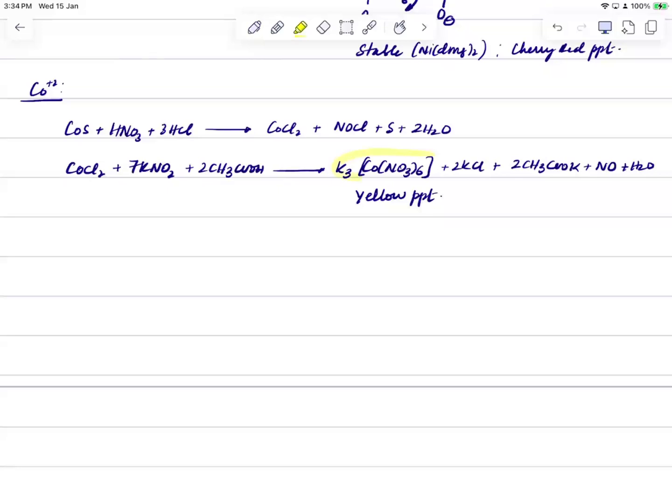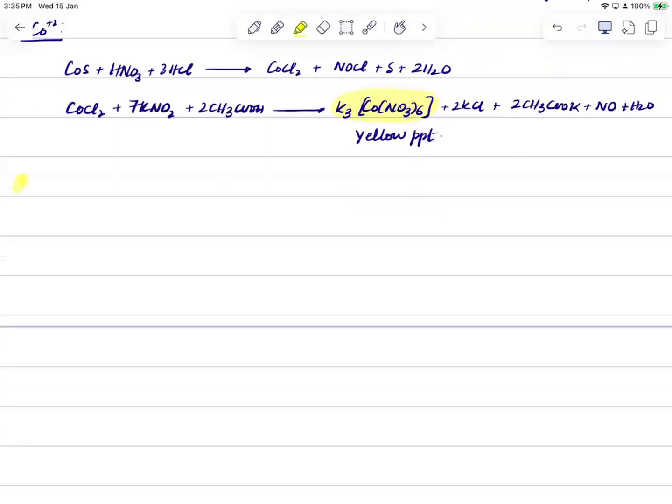This was also asked in one of the sessions: what is the PPT formed for the confirmation of cobalt 2+.